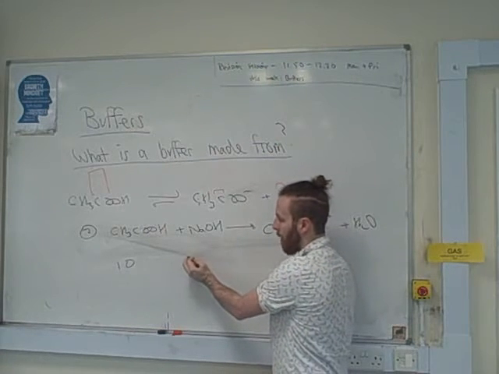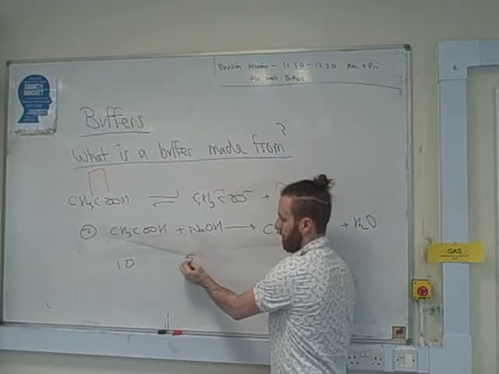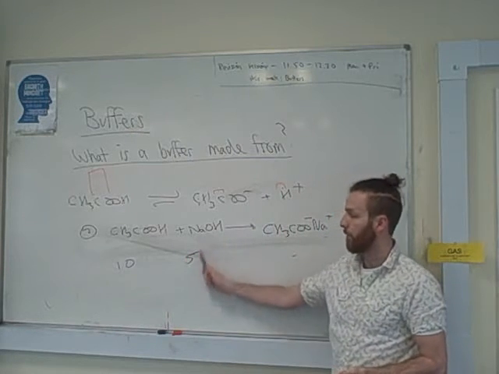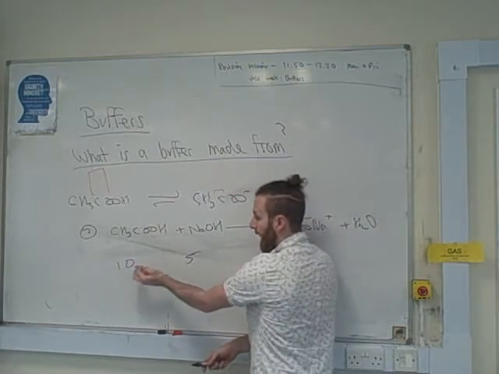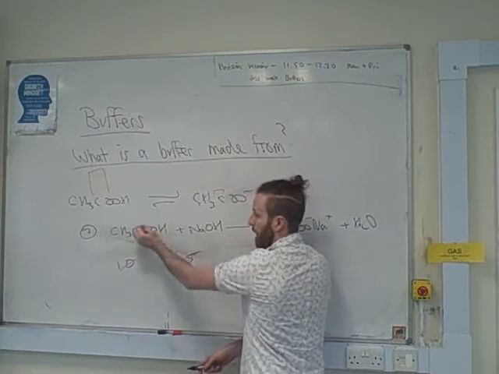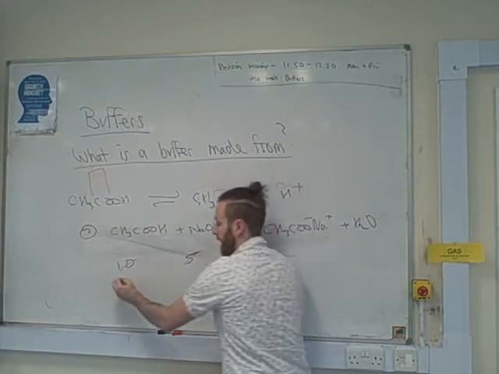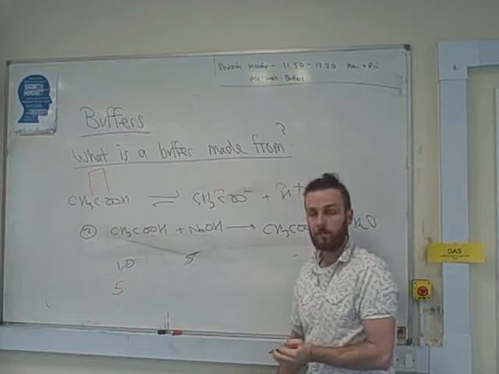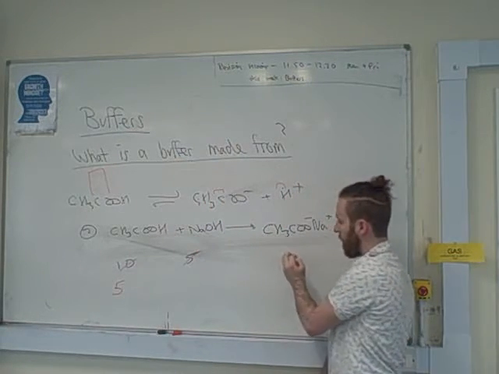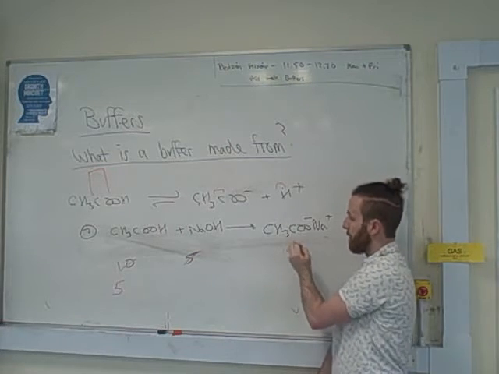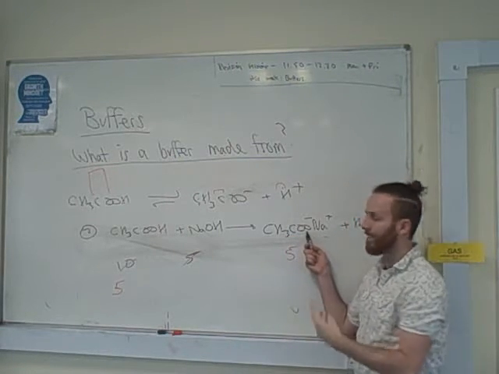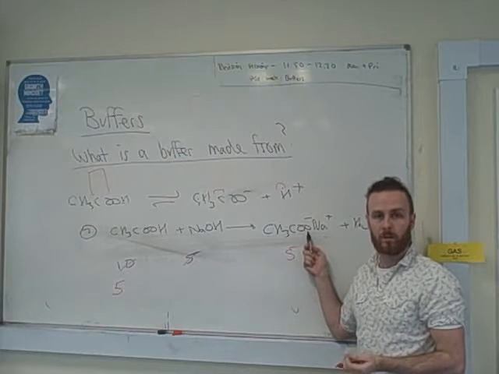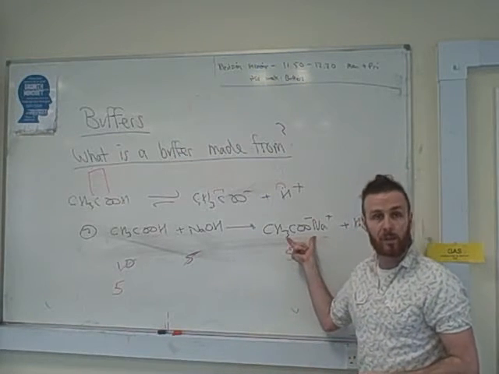But let's say I've only added 5 moles of sodium hydroxide. What's that going to do? Well, it's going to react with 5 moles of my ethanoic acid to leave 5 moles. And as it's a 1-to-1 ratio, we're going to produce 5 moles of our salt. But think back to before. What is the salt going to instantly do? Well, it's going to fully dissociate.